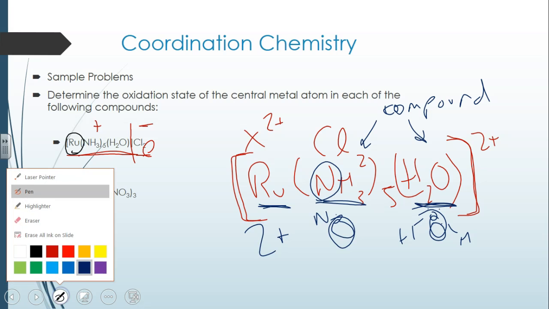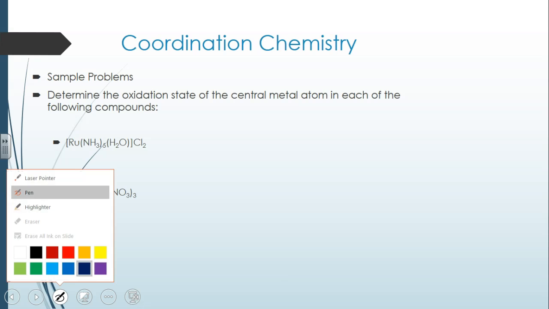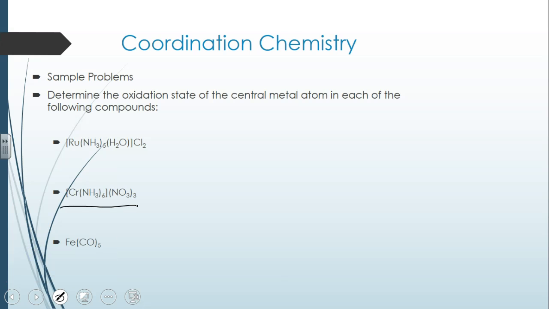Okay, so now let's look at another one, which is this guy. Again, we have to kind of work backwards here. Again, we have two parts: we have the positive side, and we have the negative side.